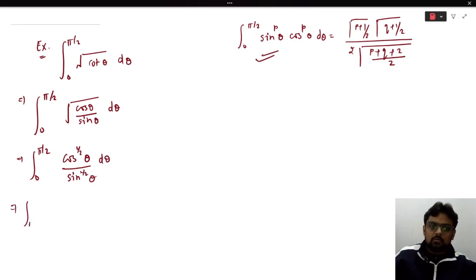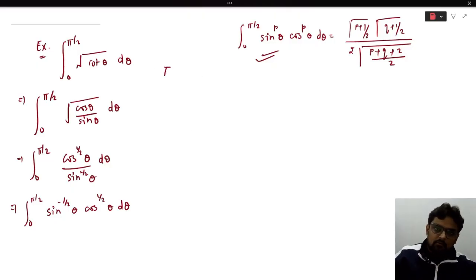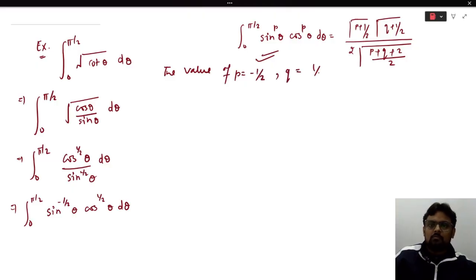And this is the integral from 0 to π/2 of sin^(−1/2)θ cos^(1/2)θ dθ. So now this is in the form of this. So the value of p here is −1/2 and the value of q is 1/2.